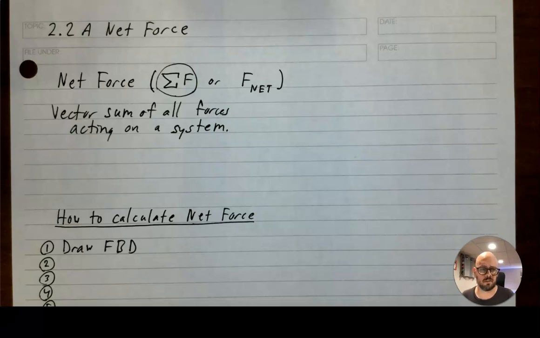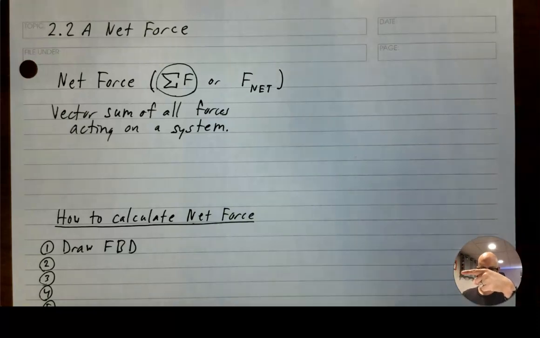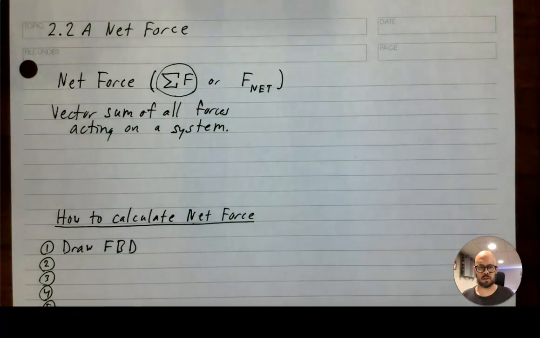And so you've seen a little bit of vector math. You know that like 20 meters per second in the positive direction goes this way, and in the negative direction goes that way. And so vector sums deal with the fact that vectors have direction, and so use the direction to assign a positive or negative value to the force, and then we can add them up.